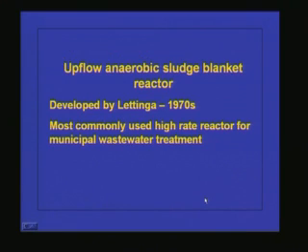And as we have seen, the upflow anaerobic sludge blanket reactor was developed by Lettinga in the 1970s, and this is the most commonly used high rate reactor for municipal wastewater treatment. Even in India we have many UASB plants at present, used for the treatment of domestic wastewater and domestic and industrial wastewater together.